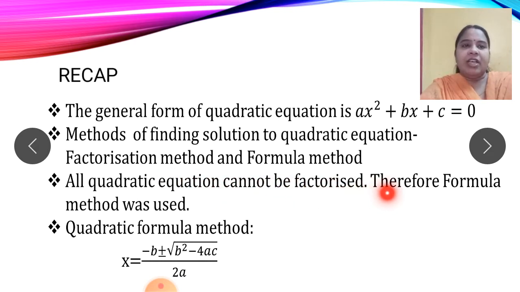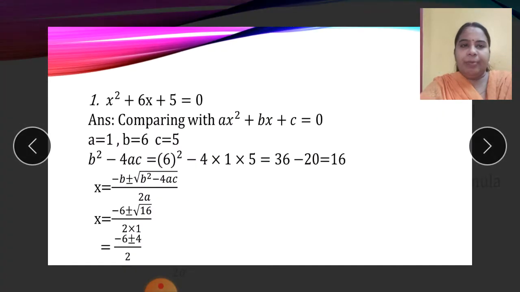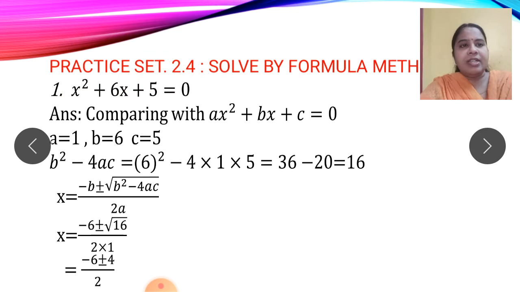I gave you an example in the previous session where those cannot be factorized easily. For such, we require the formula method, and the formula is x is equal to minus b plus or minus root of b square minus 4ac upon 2a. This is a formula to remember.